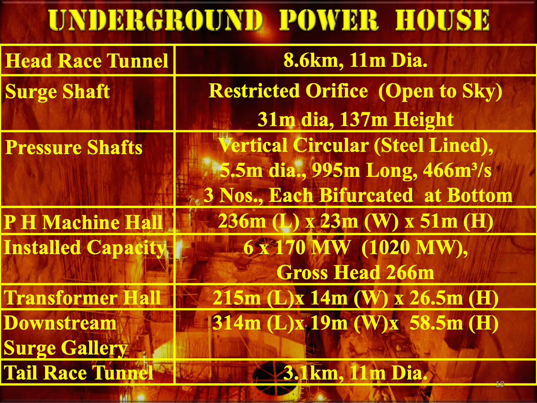This slide shows the features of the underground powerhouse. There is an 8.6 kilometer, 11 meter diameter headrace tunnel. There is a restricted orifice, open to sky, 31 meter diameter, 137 meter high surge shaft. There are pressure shafts, vertical circular steel lined, of 5.5 meter diameter, 995 meter long.